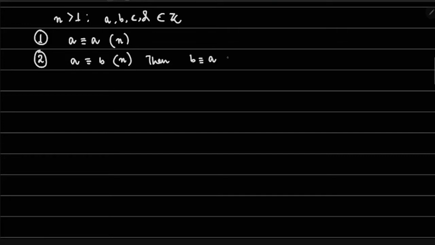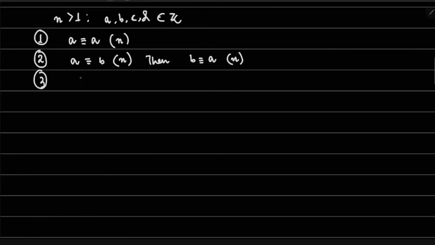What are the statements? Statement number 1: a is congruent to a itself mod n. Statement number 2 gives us: if a is congruent to b mod n, then b is congruent to a mod n.